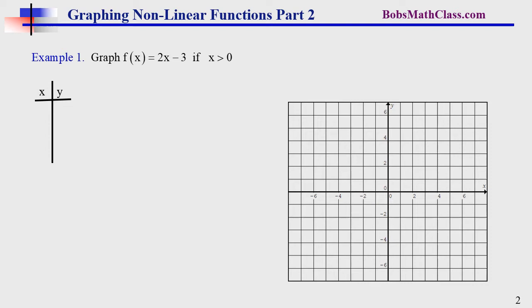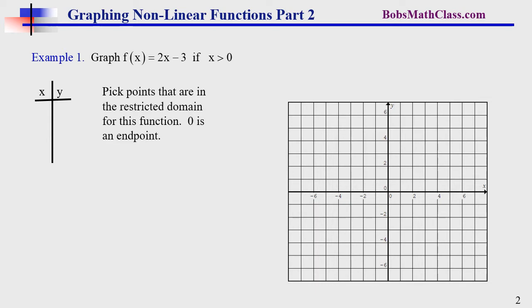So the graph is f of x equals 2x minus 3, but there's a condition, and that's that x can only be bigger than 0. So we're going to pick points. We're going to pick points that are in this restricted domain for this function. And 0 is going to be our endpoint. So we're going to pick 0.